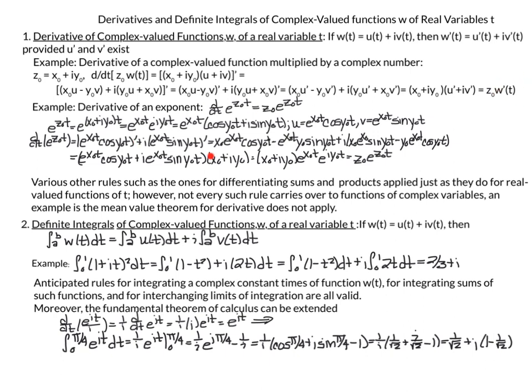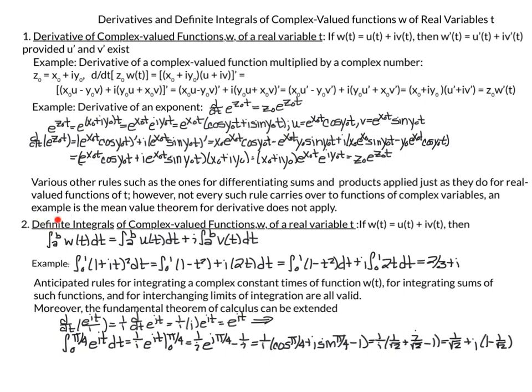We did this other numeric example here, and we noted there are many rules, such as differentiating sums and products, that apply just as they do for real valued functions. However, we also saw that not all rules carry over to functions of complex variables, and our example that we showed was the mean value theorem.